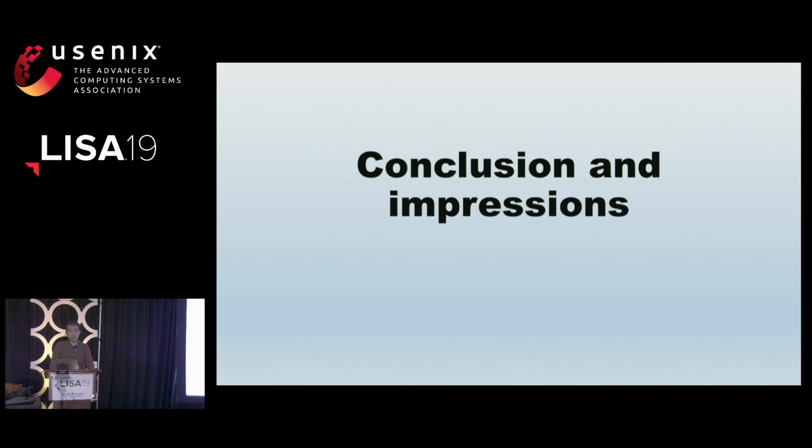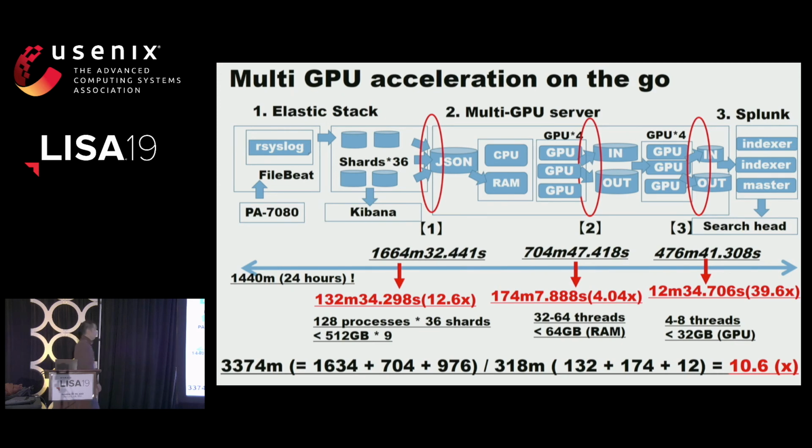Okay, let me conclude with some impressions. We have succeeded in total about 10 times faster by using multi-GPU acceleration. We use huge pagination for data dump to reduce the long computing time of 1006 to 132 minutes.